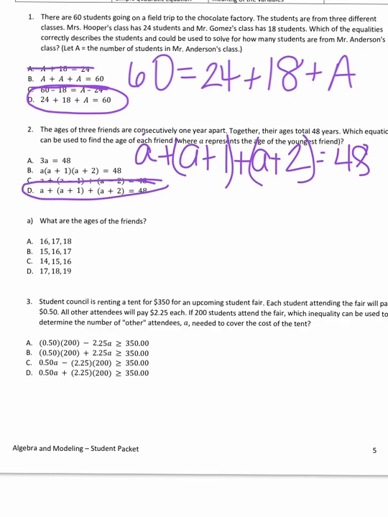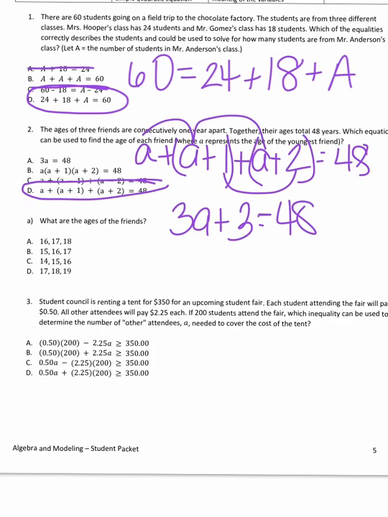So then I'm going to start off with combining like terms. So I have 3 A's plus 1 and 1 is 3 equals 48. Okay, then I subtract 3 from both sides, and I have 3A equals 45. Then I divide by 3.